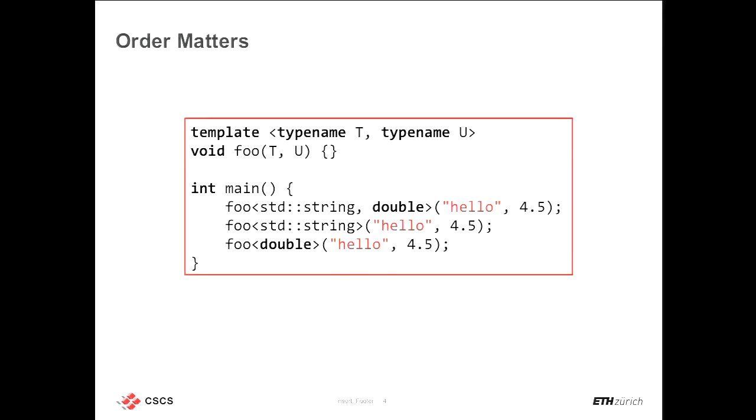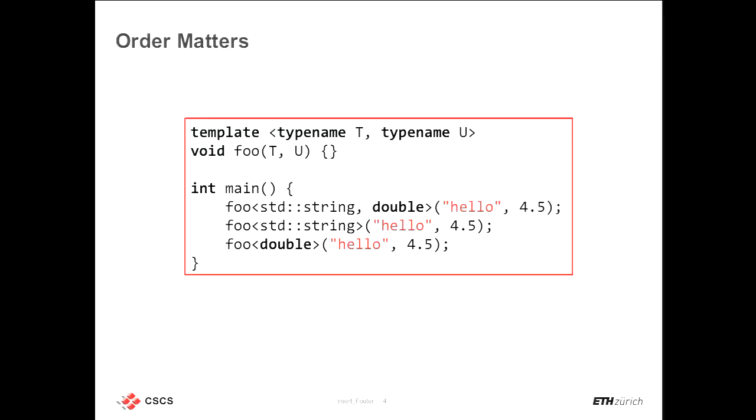It will be translated into a string, because T will be a string. There is a constructor of a string that takes a const char pointer, so it will be copy initialized or converted to a string. 4.5 is a double and will be passed as a double to U. So T will be string, U will be double. Everything is fine.